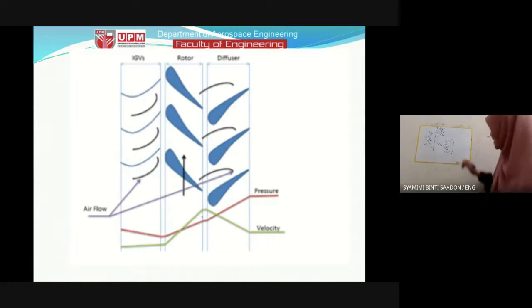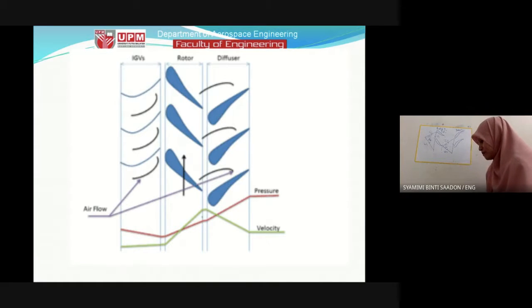And then we have the stator. After the rotor, we have the stator for compressor. So the stator blade will be this way. I only draw 2, but it has several. So this is stator 1.